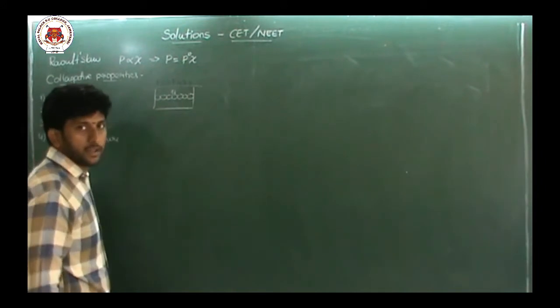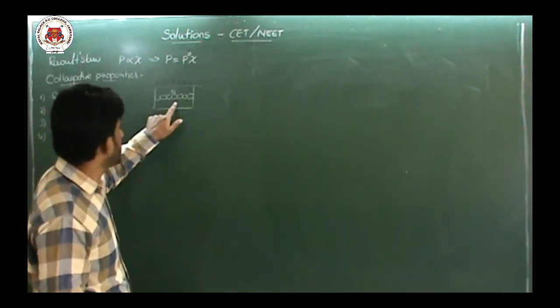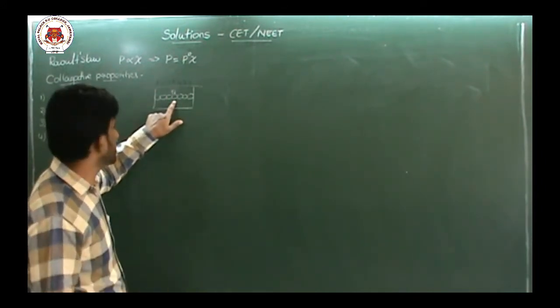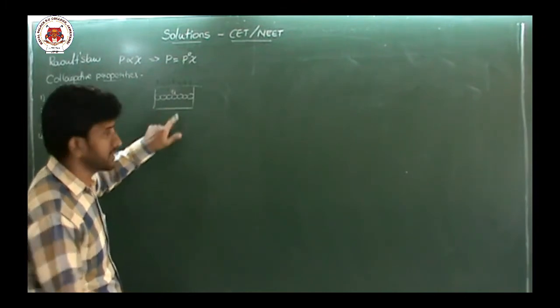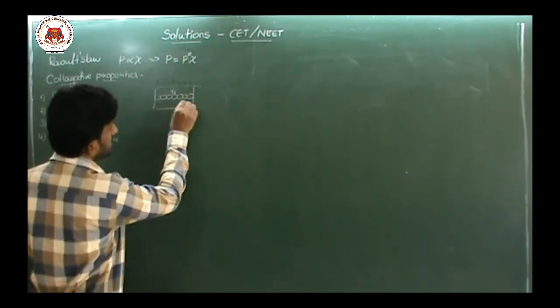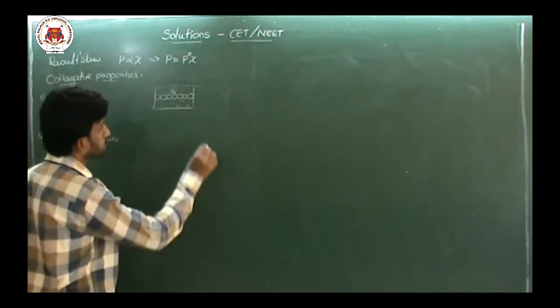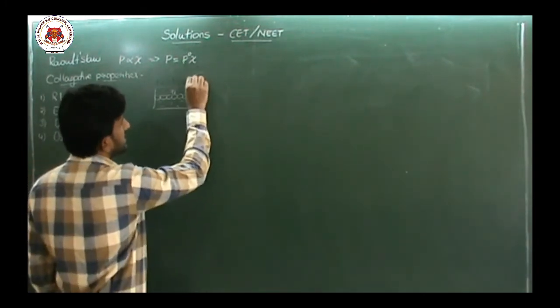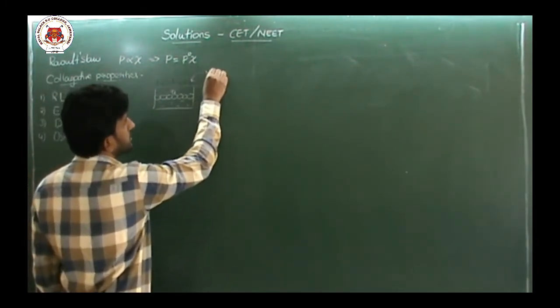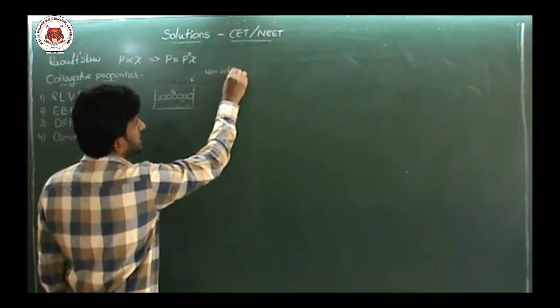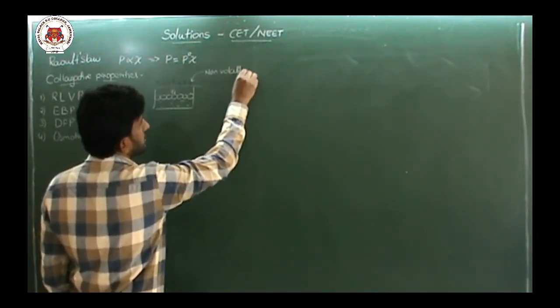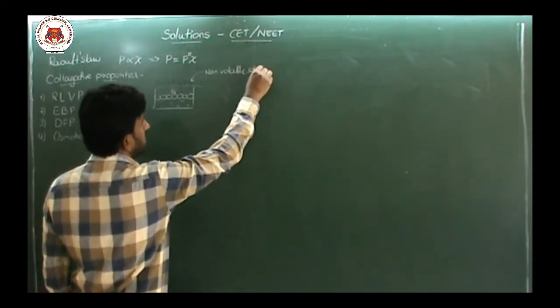Means vapor pressure of solvent, and vapor, same thing, it is solvent only present in liquid state. Okay, vapor state and liquid state, let us assume. Now I added some non-volatile solute. So what happens now?